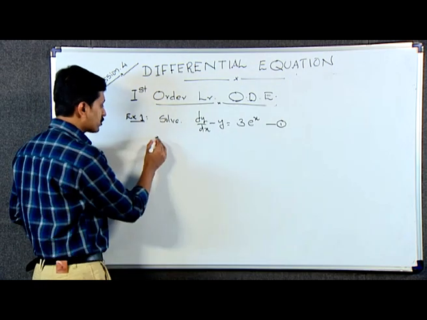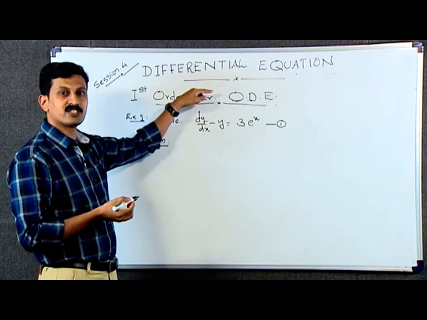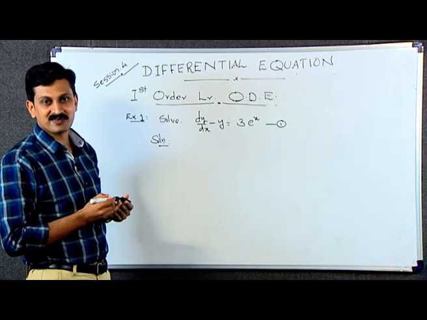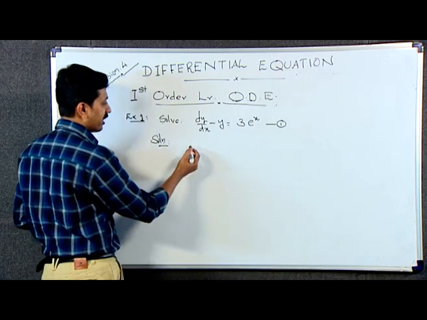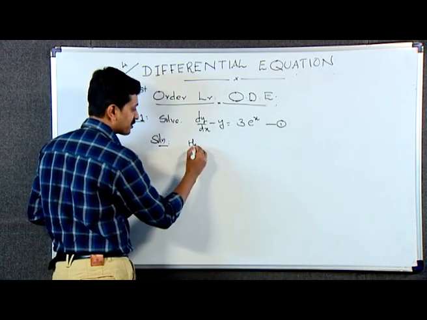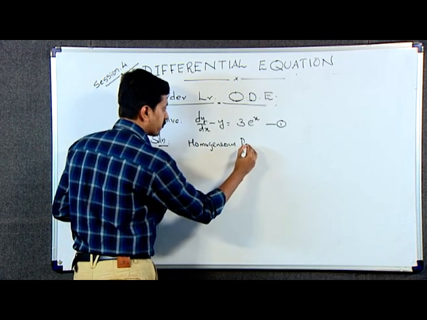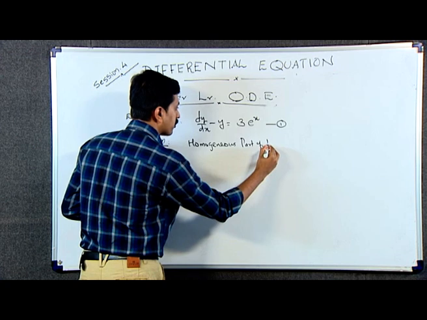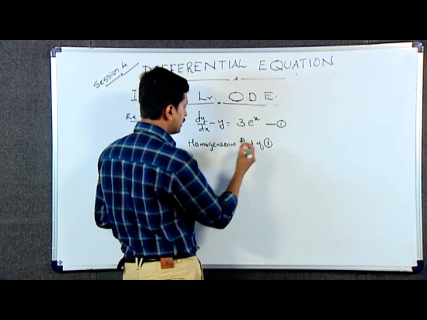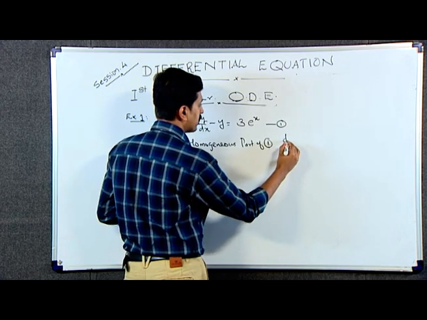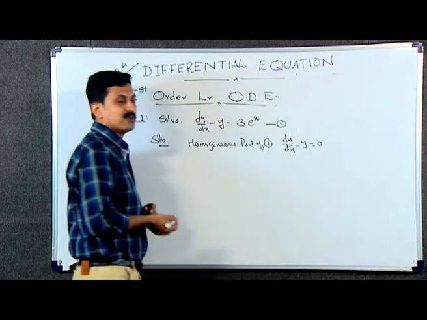We have to solve this differential equation by using the method of variation of parameters. How can we solve? By using the method of variation of parameters. We have the homogeneous part of equation 1, that is dy by dx minus y is equal to 0.